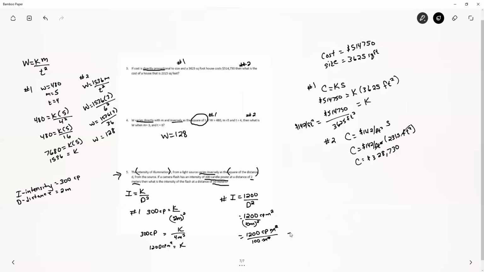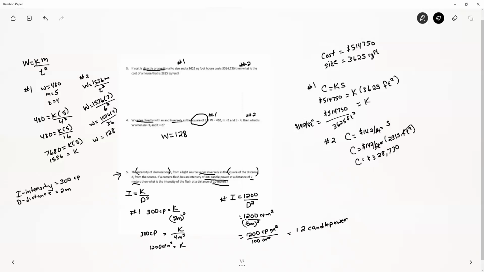The meters squared cancel, leaving me with 12 candle power. Okay, let's make sure our answer makes sense. When it was close, it was brighter. As it's further away, it's not as bright. So that makes sense.